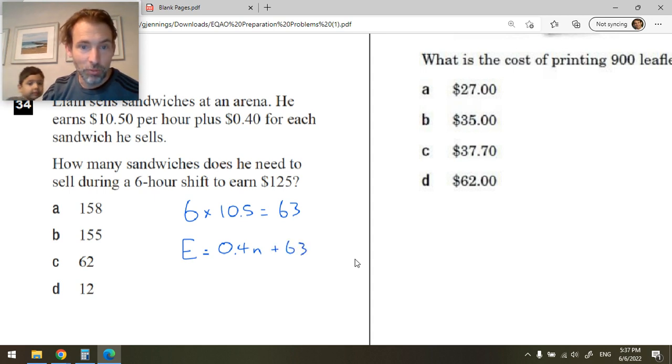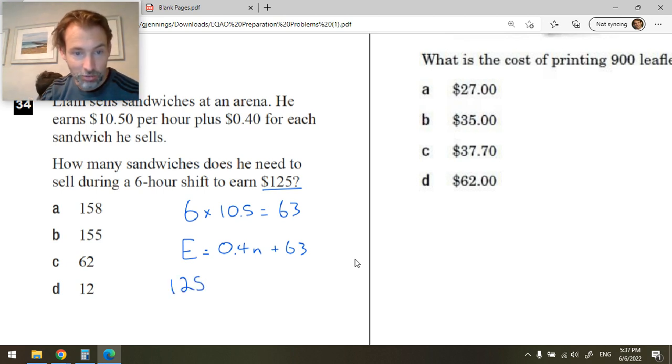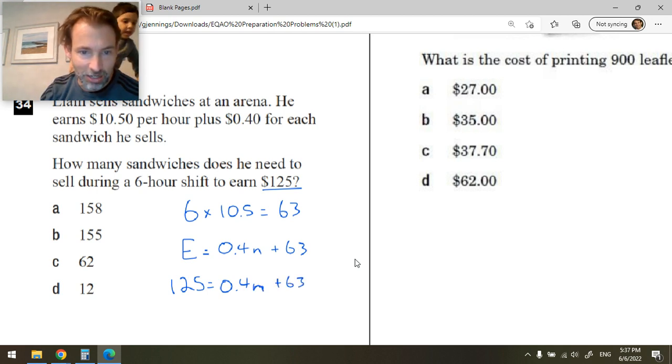All right. And we want to know how many sandwiches to sell to earn $125. So that's our desired earnings, $125, is equal to 40 cents per sandwich plus $63. Now I want to isolate N here.